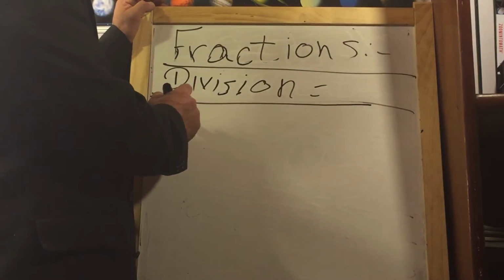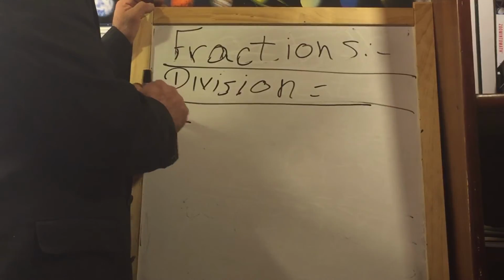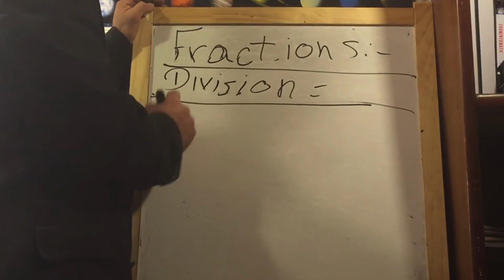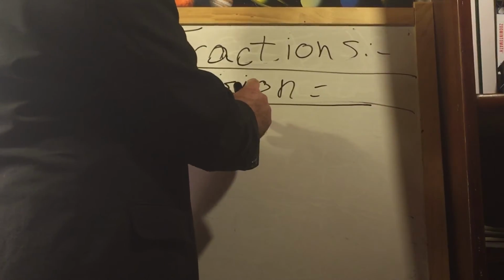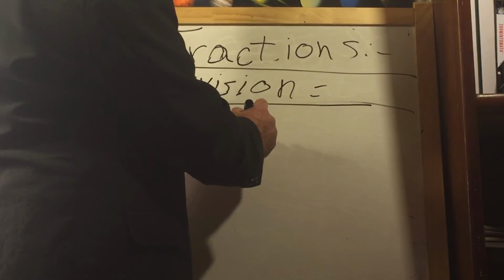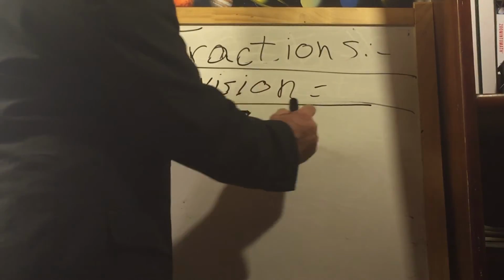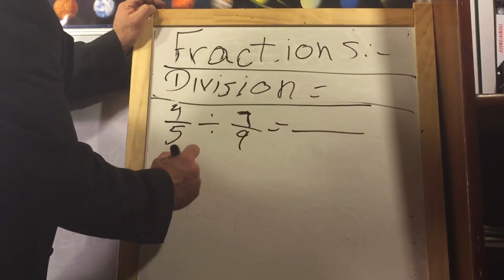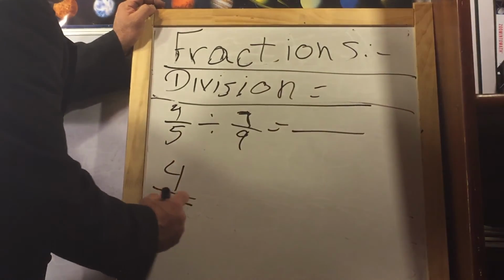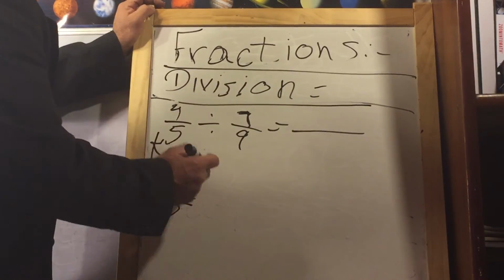How about 4 over 5 divided by 7 over 9. Okay, so it's very easy. 4 over 5 stays the same. Keep it the same.